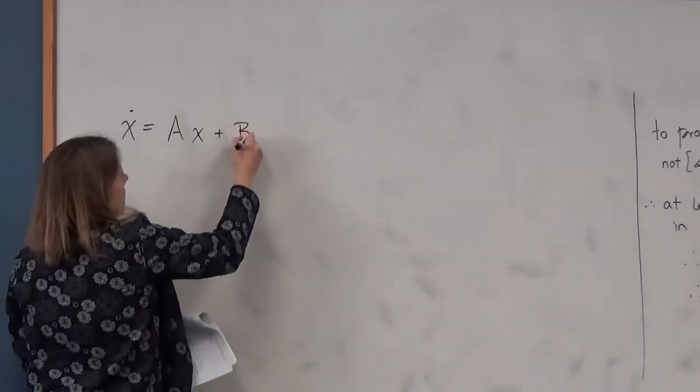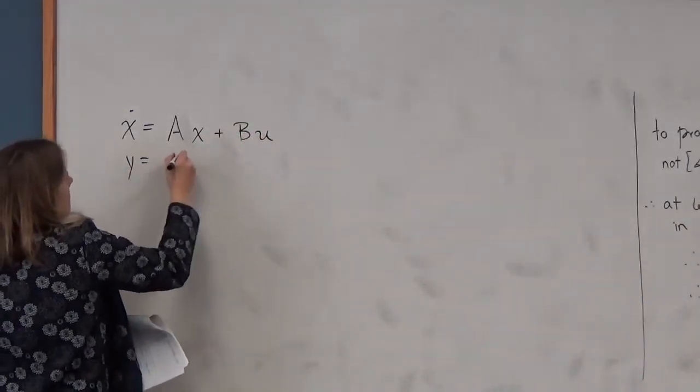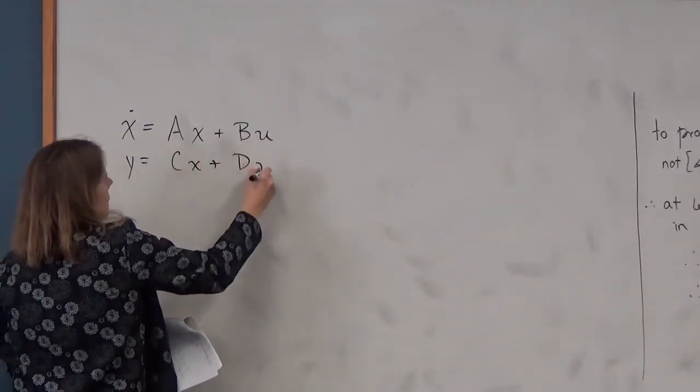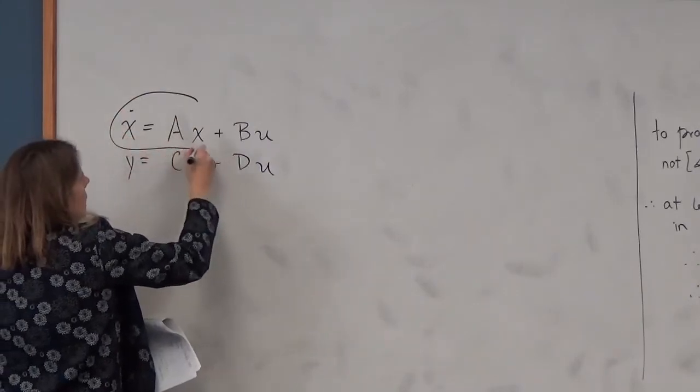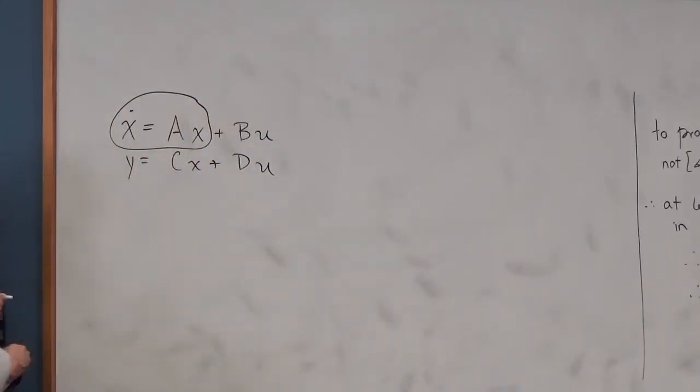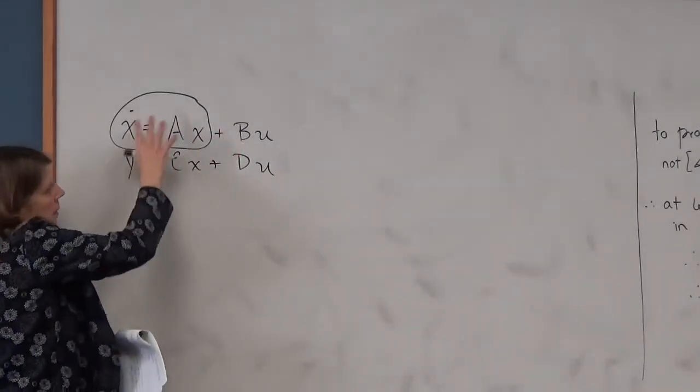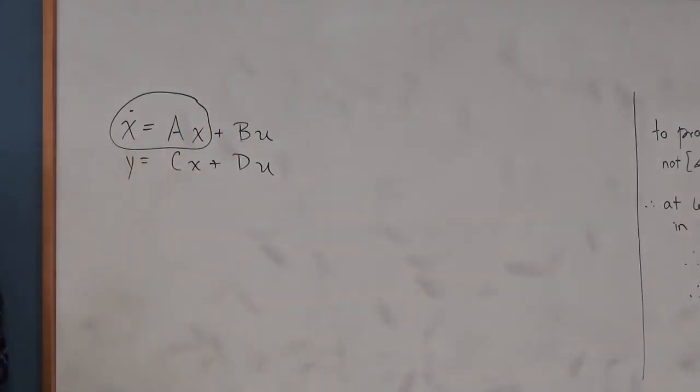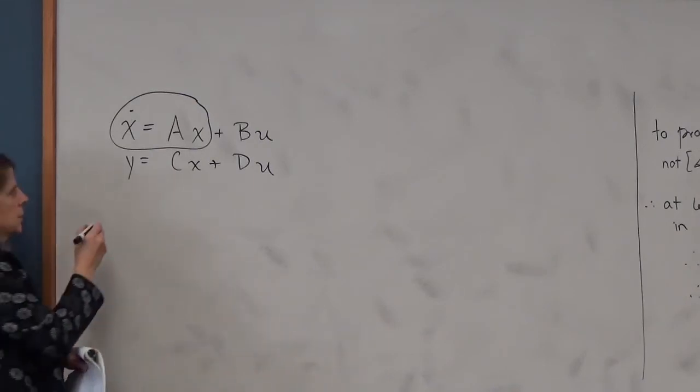Now we're going to put an input in, and an output too. If we know that this system is exponentially stable, then we know automatically that our input-output system will be bounded input, bounded output stable.